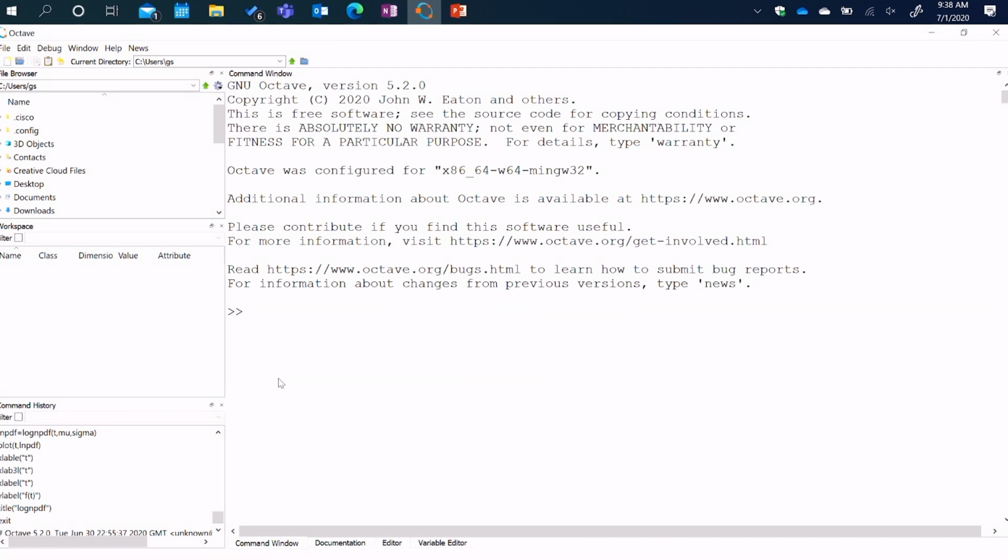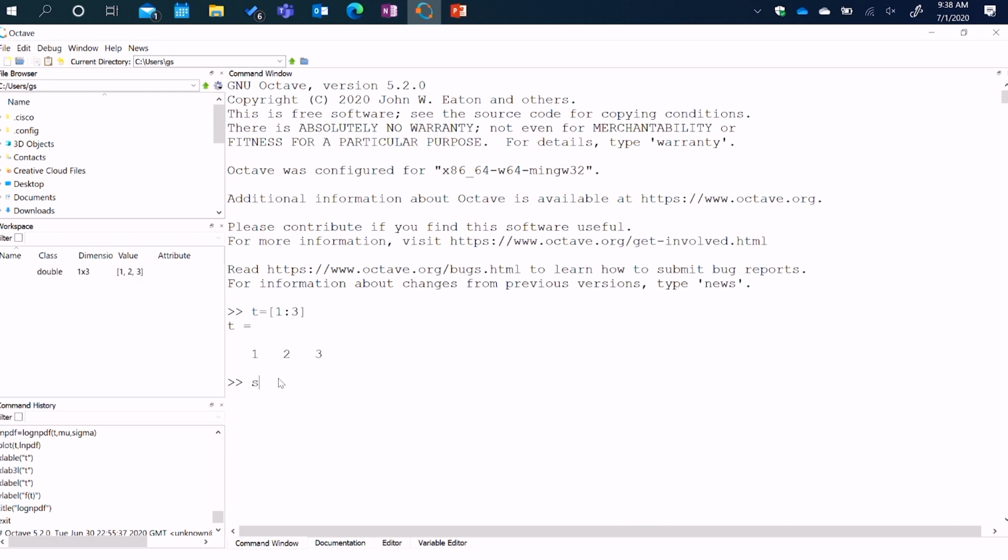So let me start with defining the problem. First I'm going to define time. I'm going to define times of observation going from 1 to 3.